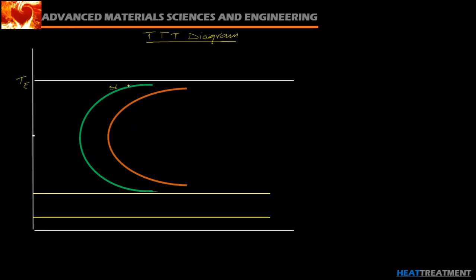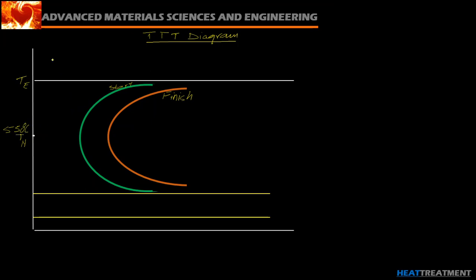The green curve shows the start of the transformation, and this is the finish or end of the transformation. In these curves, this is the nose formation, and the temperature of the nose is termed as the Tn temperature, that is 550 degrees Celsius.